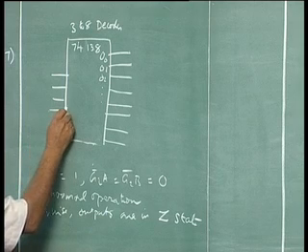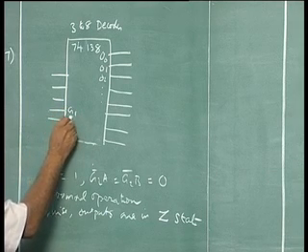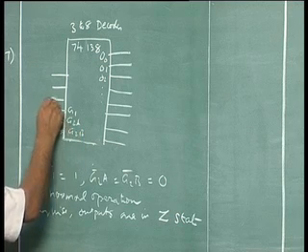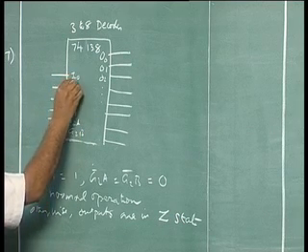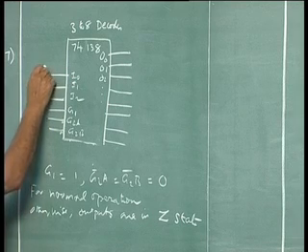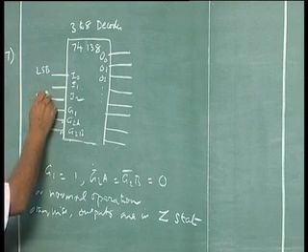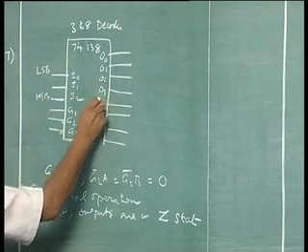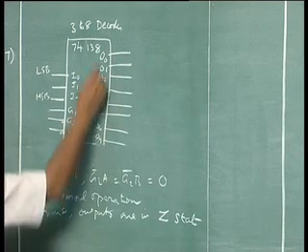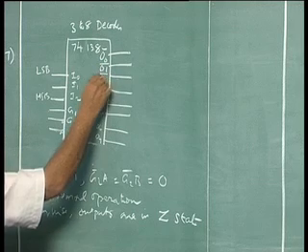You can write it here also, G1, G2A, G2B, this is I0, I1, I2, this is LSB, MSB. O2, O3, O4, O5, O6, O7, and these are active low outputs as well.